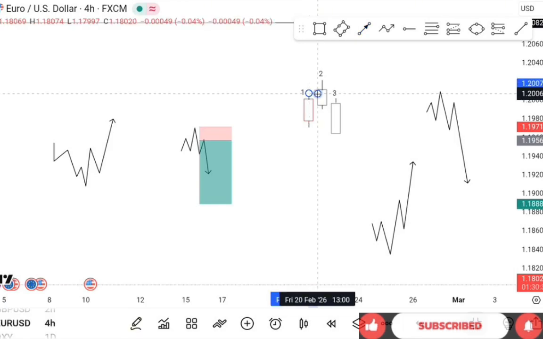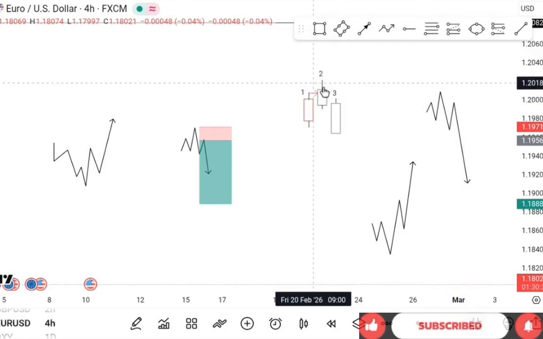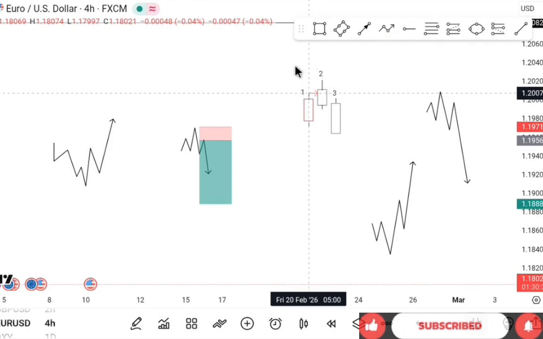I'll be diving into the chart so that we can have more clarity about this methodology.